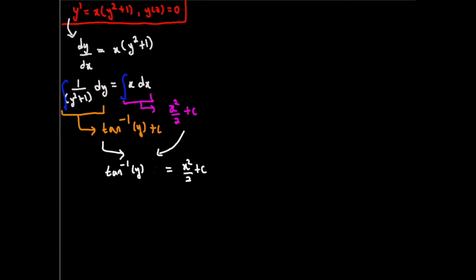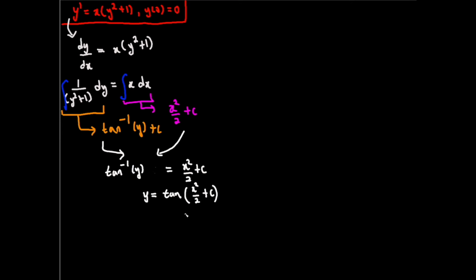They're not actual values. So we can take the tangent of both sides. That would just give us y equals the tangent of x squared over 2 plus c.